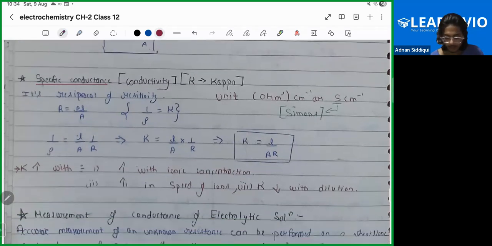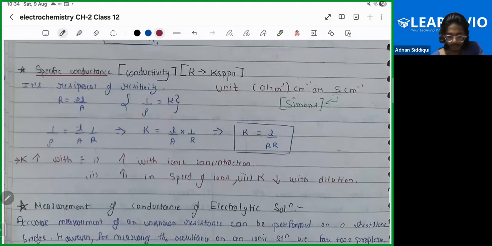So basically, the reciprocal of your resistivity, or specific resistance, is specific conductance, or conductivity. It is represented by K, and K is kappa.